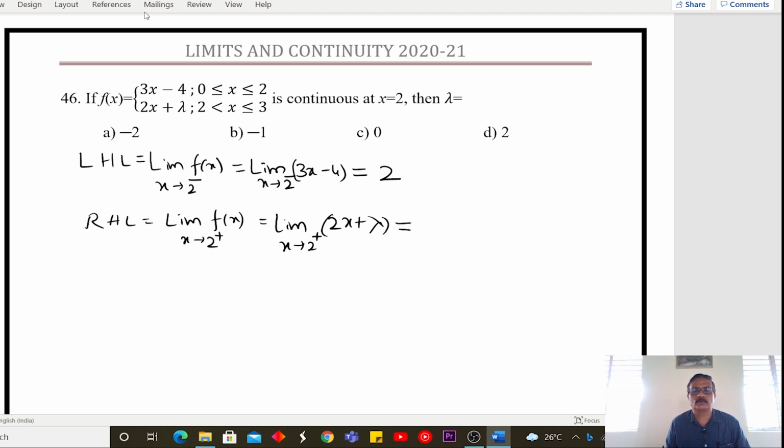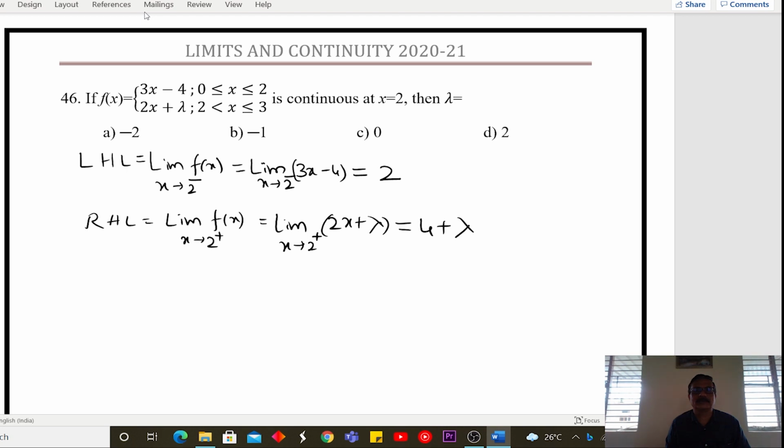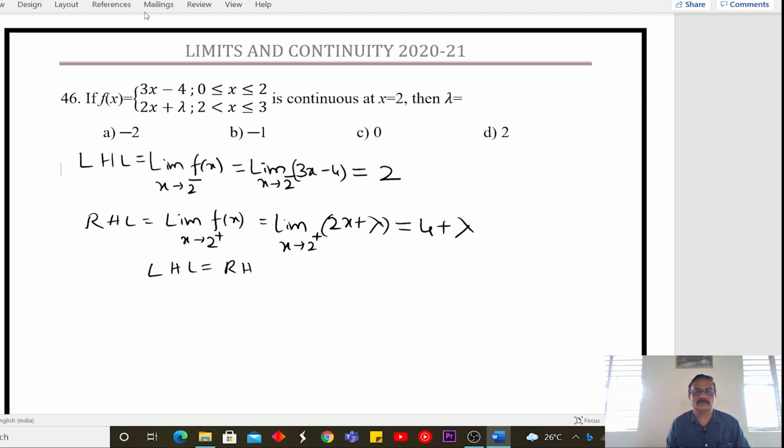Put x equal to 2, 2 2s are 4 plus lambda. Since the given function is continuous, by the definition of continuity, LHL is equal to RHL. Here the LHL value 2 is equal to RHL 4 plus lambda. Therefore, lambda is equal to 2 minus 4, that is minus 2. So option A is the right answer.